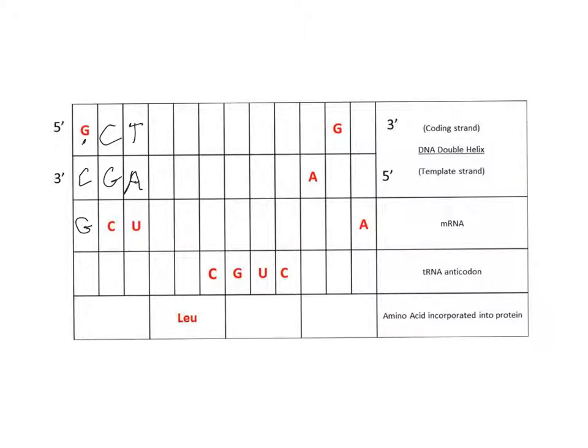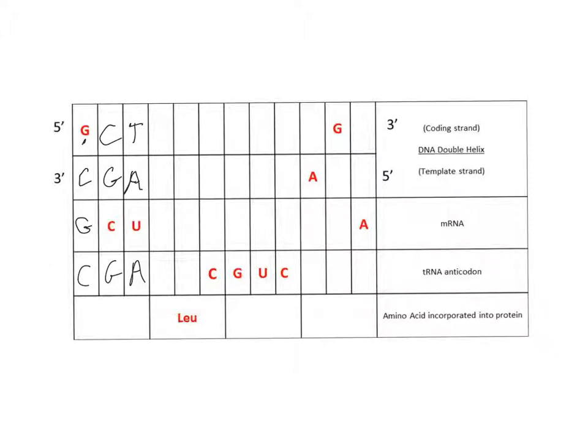The tRNA brings the correct amino acid to the mRNA, and therefore it has to be complementary to it because it has to bind. So we're back to C, G, A. There's my complement to the GCU. And we can see from this that the tRNA is similar to the template strand, again because both are complementary to the mRNA.